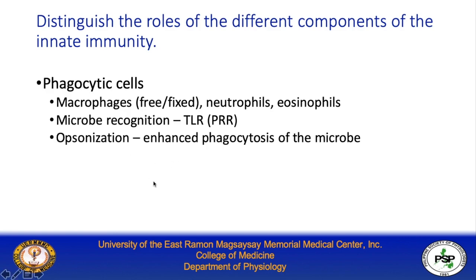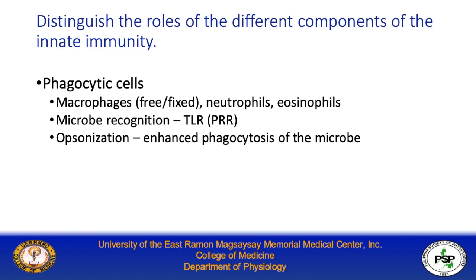Just take note that, as I've mentioned earlier, one important PRR, or pattern recognition receptor, for this one would be what we call your TLR, or the toll-like receptor. This toll-like receptor is found on the surface of phagocytic cells and, when it comes in contact with a foreign substance or a microbe, for example, it will start phagocytosing it.